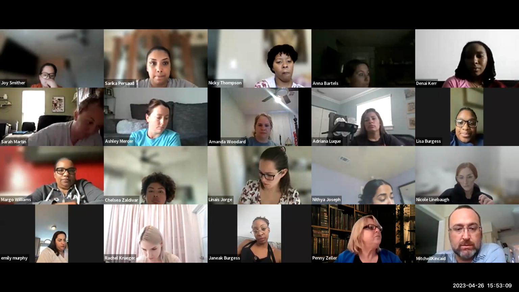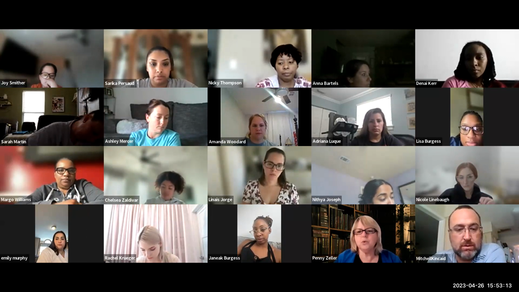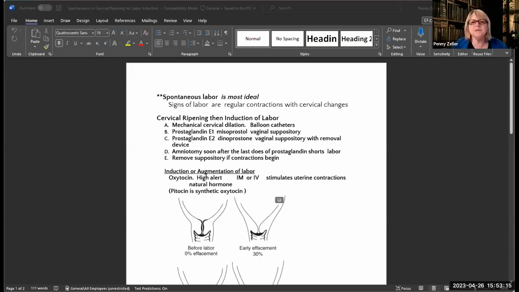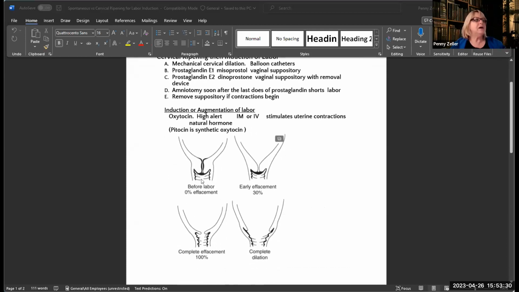Okay. I do want to show a picture real quick. This is a document I gave you. You can see that the document is talking about induction of labor and the medications we use. But this is a picture of before labor, when not much is going on with the cervix.